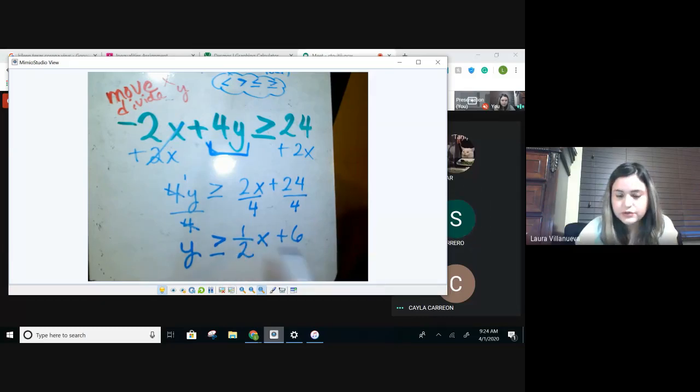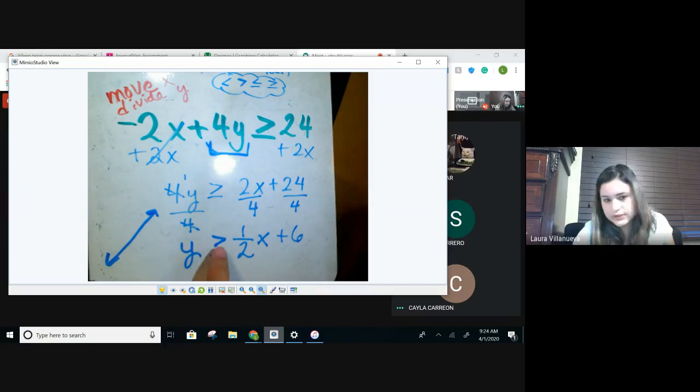Positive line goes up, right? That's my line. And it's solid because it has a little line in the bottom. Yes, you're good? And then I'm going to shade. This is a greater than symbol. So therefore, where am I going to shade?